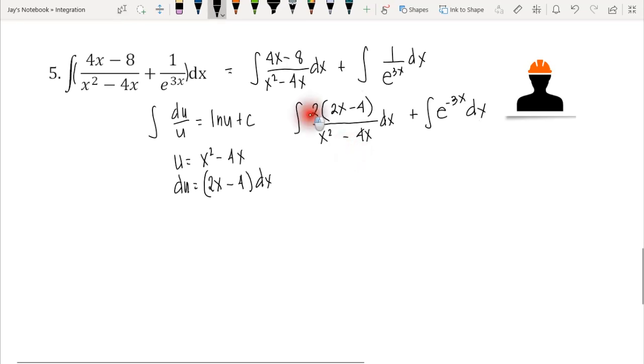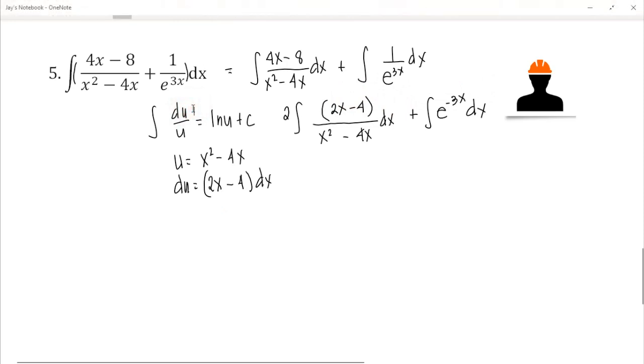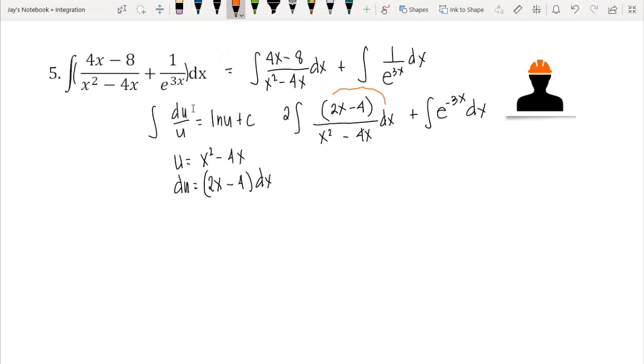So we move 2 outside of the integration in that case. Then, since our du is 2x minus 4 dx, and in the numerator we have 2x minus 4 dx, then we have satisfied du in this form. So this now is our du, and this one is our u, in which we have satisfied du over u.